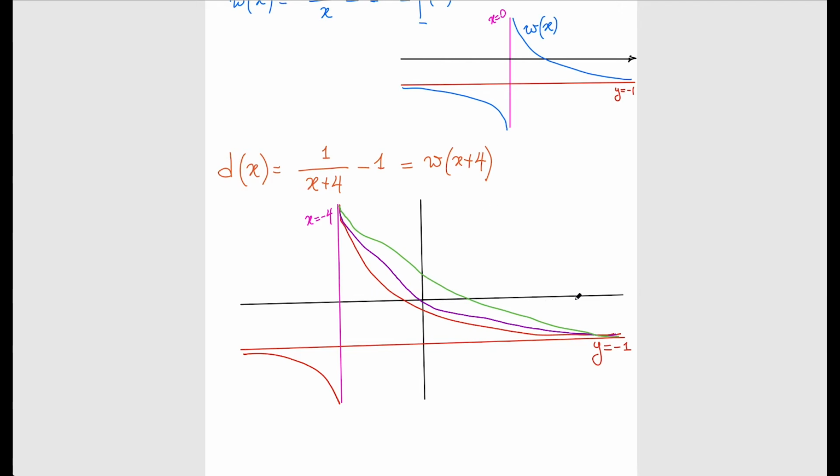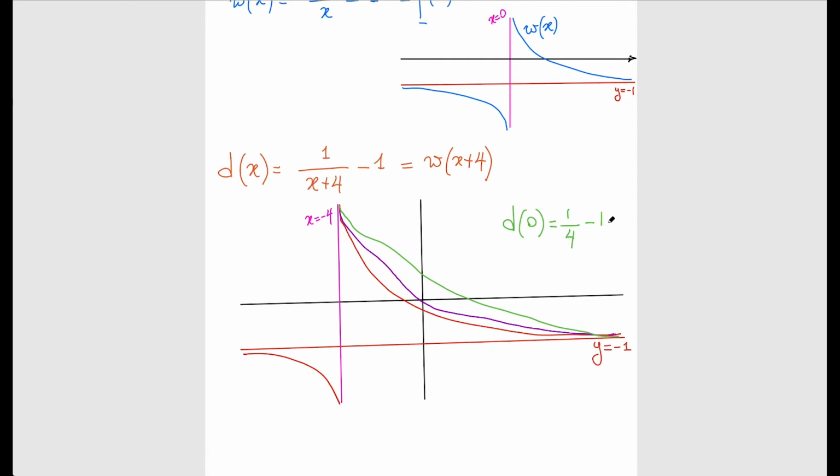Instead of looking at the x-intercept, I can look at the y-intercept. Let's check D of 0. D of 0 is equal to 1 over 0 plus 4, so 4 downstairs, minus 1.